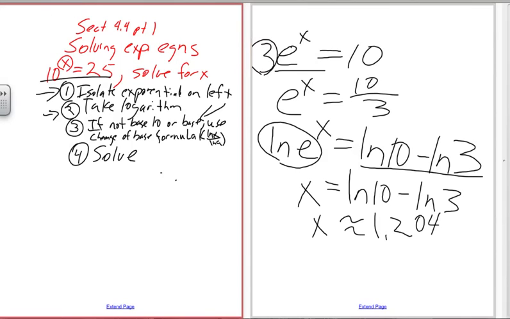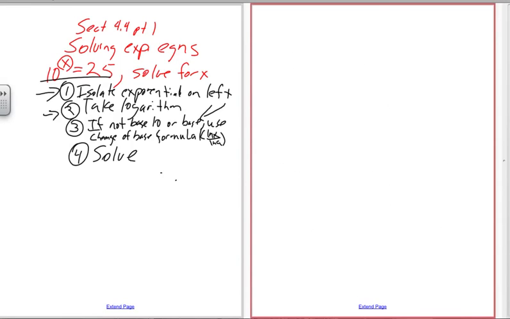Okay, so one more, actually more than one example. Let's work another one here. 4 plus 3 to the 5x power equals 8.